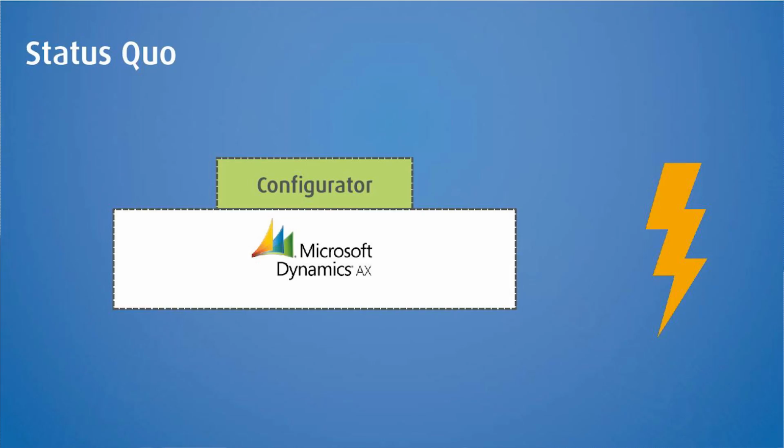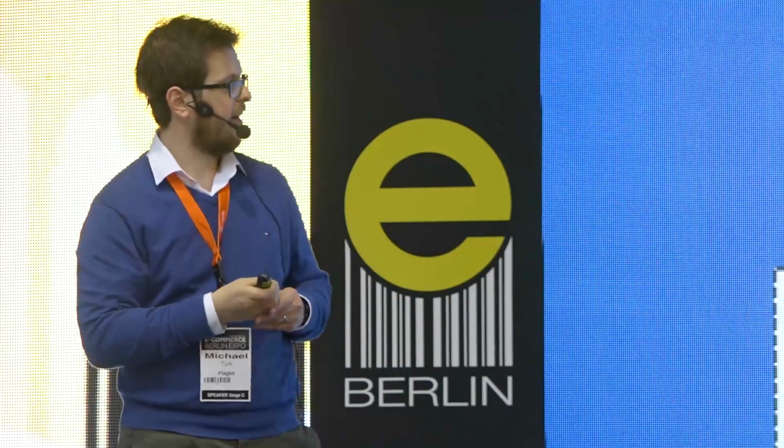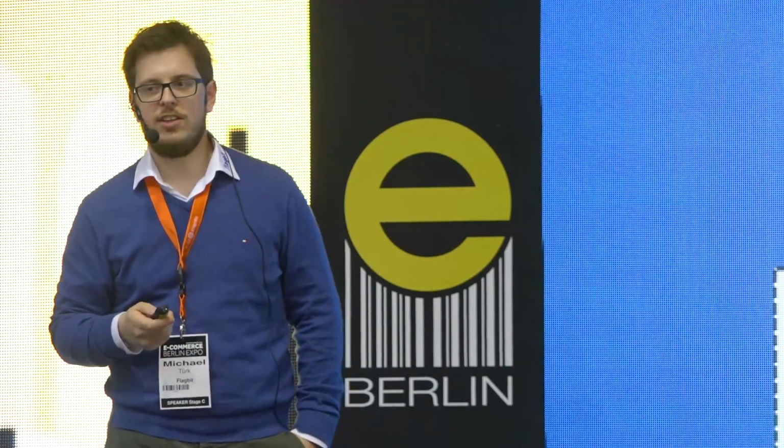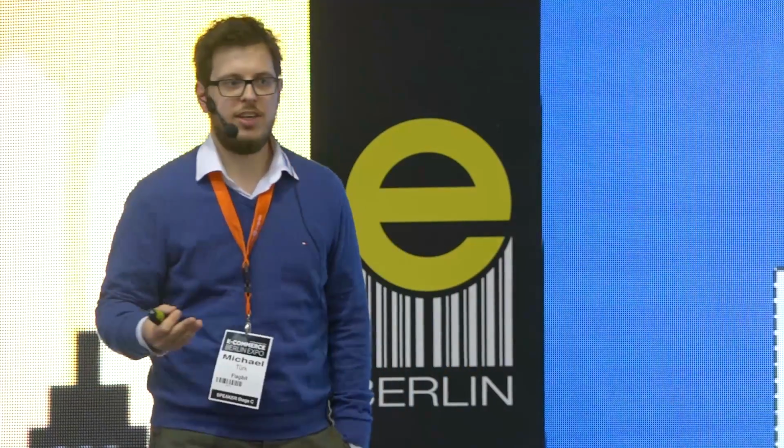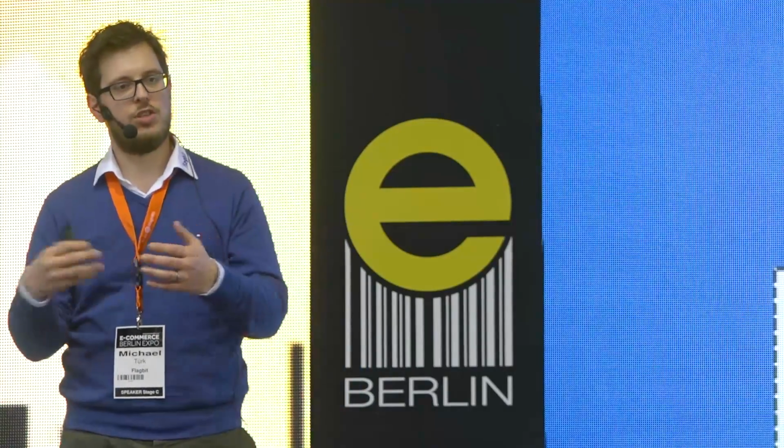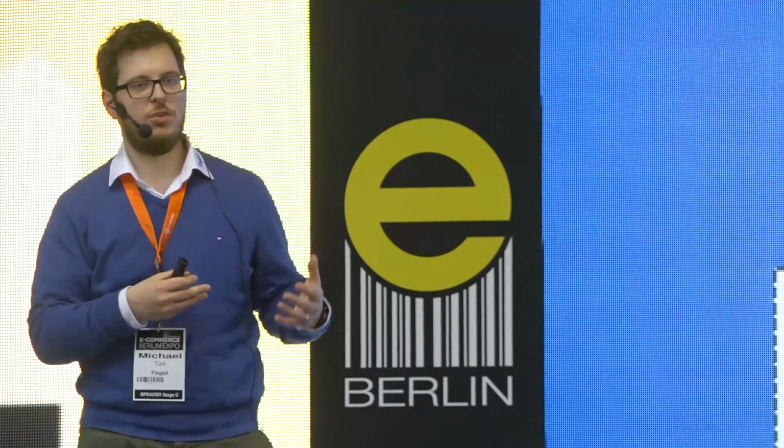So first version, what did the agency try to do beforehand? Obviously they introduced this new ERP system, Microsoft Dynamics AX, and this AX already has a configuration thing. But obviously this configuration thing was not useful when it came to building a configuration with 50,000 different components and a rule set that told me which components fit together and which don't, and how many, and so on and so forth.